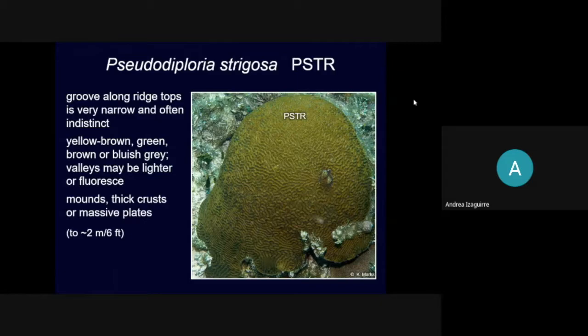It's going to grow into mounds in high light conditions, and it's going to grow in plates in lower light conditions. It can grow to be very big, but the biggest ones are still only around 1 or 2 meters.